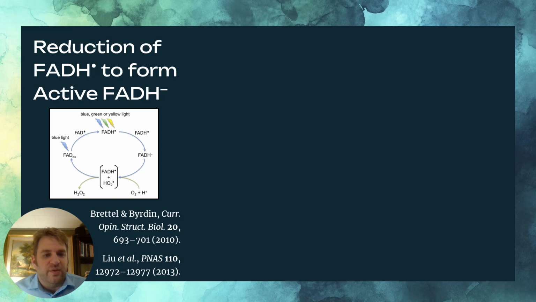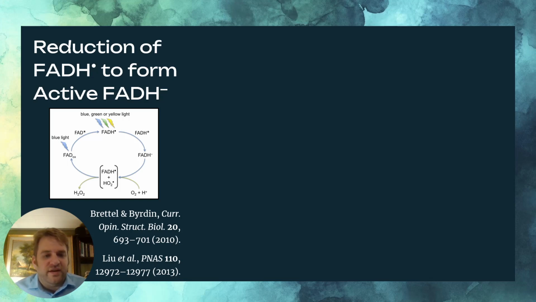That radical can absorb another photon of blue, green, or yellow light, enter an excited state, the FADH star state, and then capturing another electron in its excited state, form the fully reduced FADH minus state. Now, as I mentioned, that state easily reacts with oxygen and any hydrogen in the vicinity, and as a result easily returns to its oxidized form, producing hydrogen peroxide in the process. But the enzyme has an architecture that protects that state.